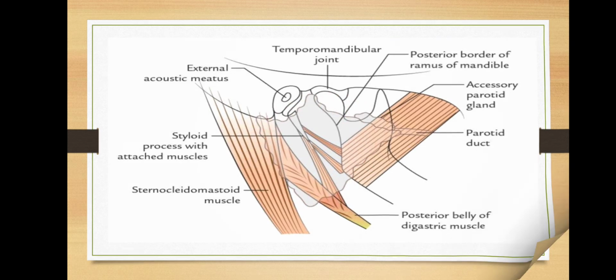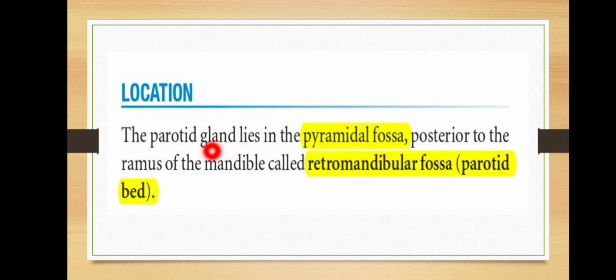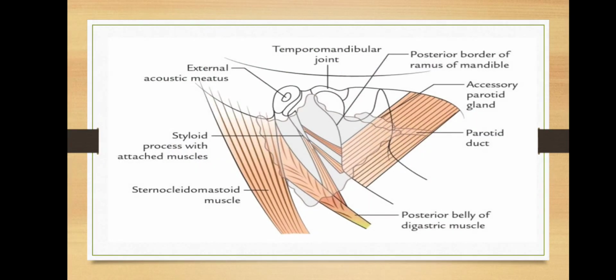Next, the location: the parotid gland lies in the pyramidal fossa posterior to the ramus of the mandible, called the retromandibular fossa or the parotid bed. As you see in the picture, it is posterior to the ramus of the mandible.